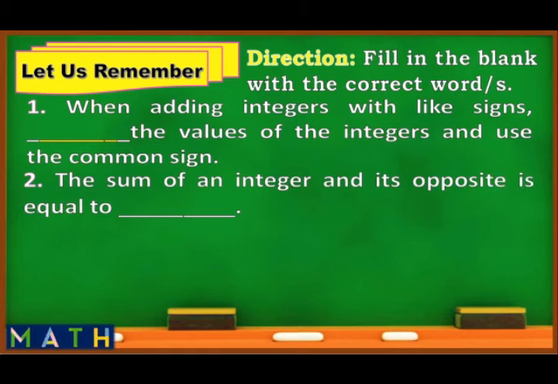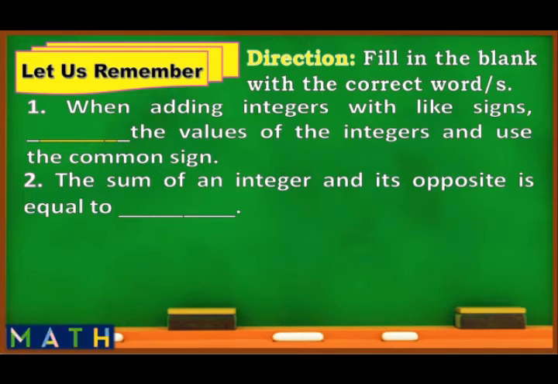For item number 2, the sum of an integer and its opposite is equal to blank. Again, the sum of an integer and its opposite is equal to blank. Number 3.